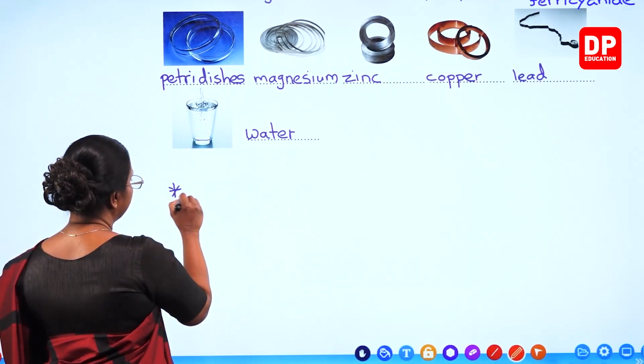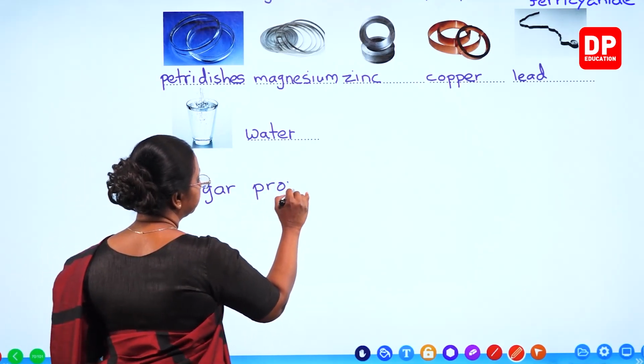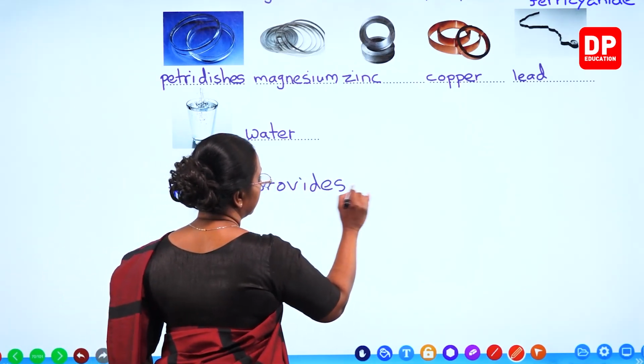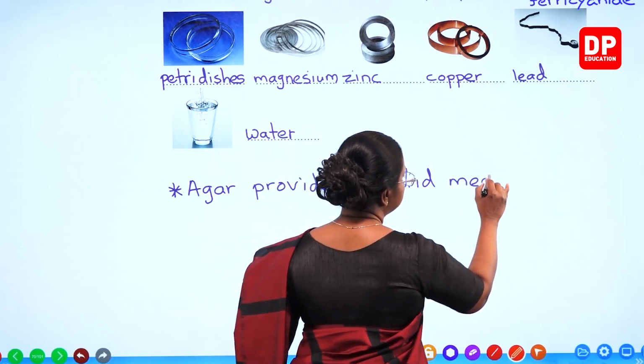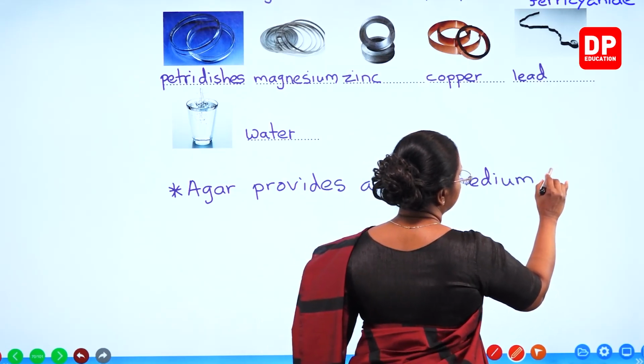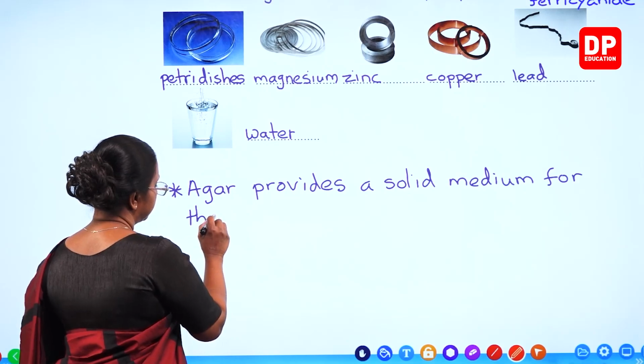So we need agar, which provides a solid medium for the observations.